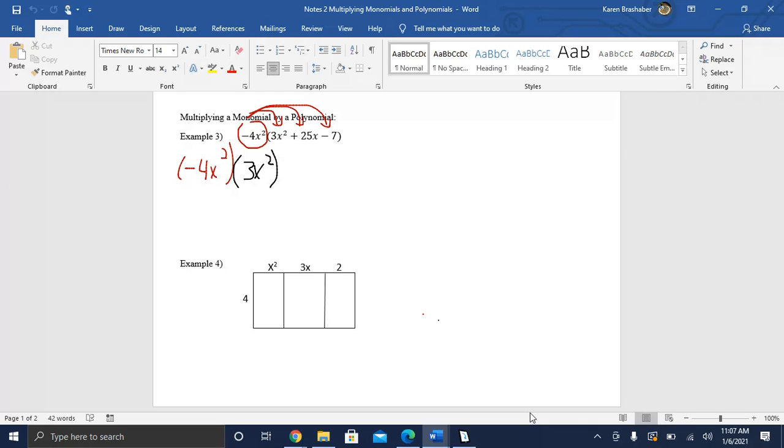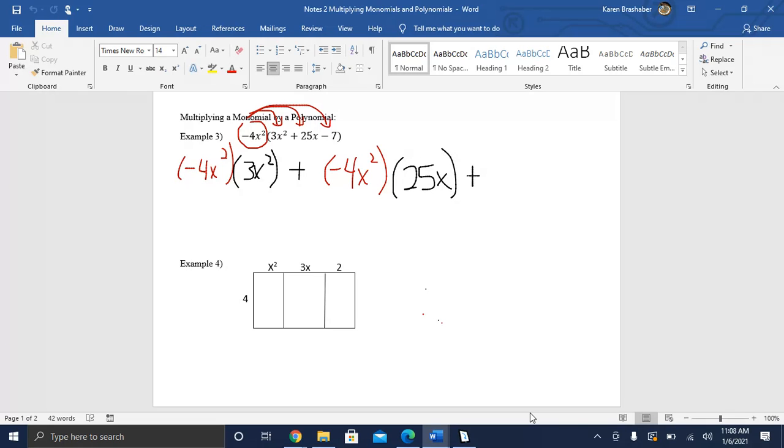And then I'm going to put a plus sign between every term. So now I'm going to go back, and we'll take -4x to the 2nd, and we will multiply that by positive 25x.